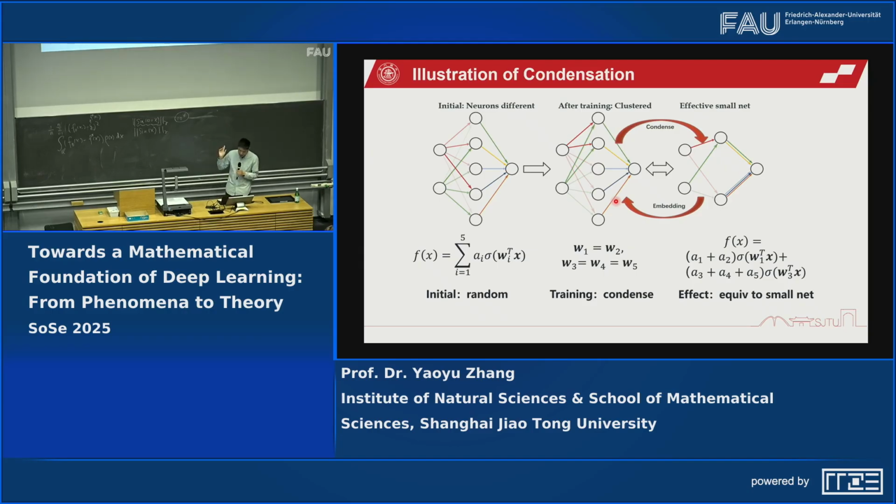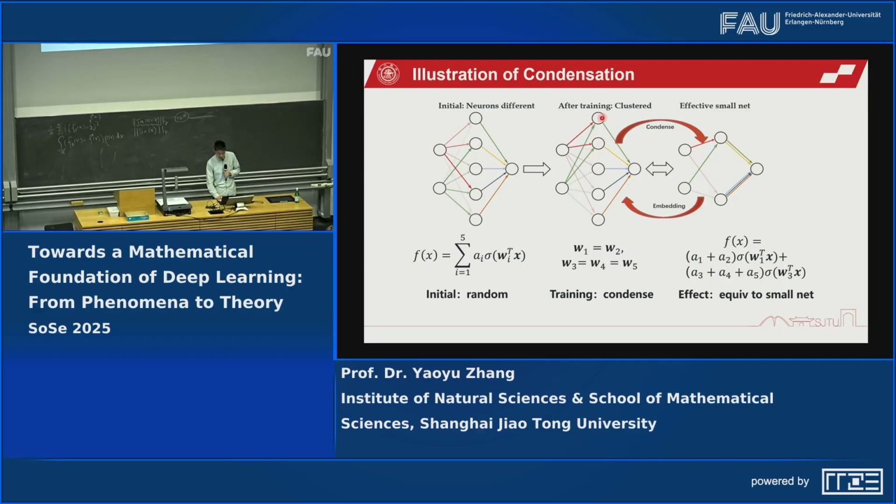That's how we observe the phenomenon of condensation. Initially, all these weights are drawn from a random distribution. After training, some unexpected thing could happen: different neurons can have input weights that are very similar to one another. Generally they don't become exactly the same, but they can become very similar.